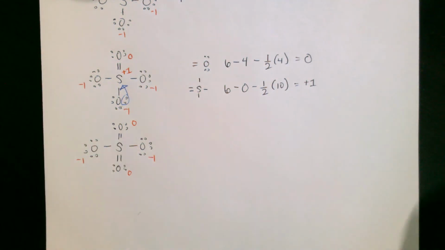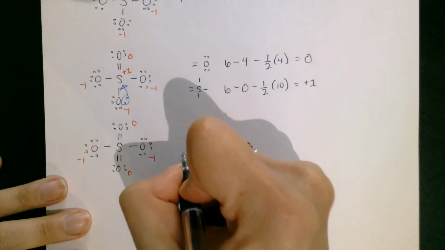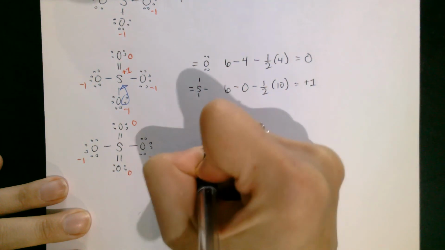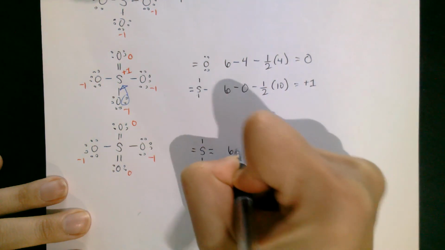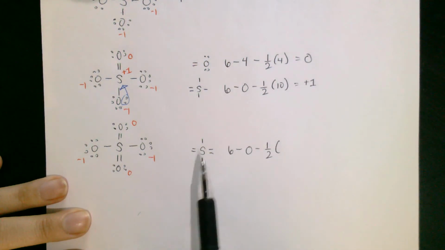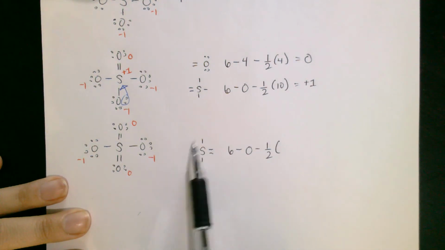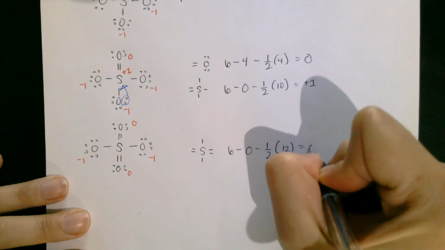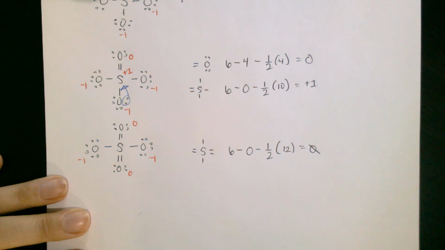So really, we're up to sulfur now. That's the only thing that we haven't calculated. So this sulfur has 2 double bonds and 2 single bonds. So still 6 minus 0 minus 1/2 now times 2, 4, 6, 8, 10, 12. So now we have 0.